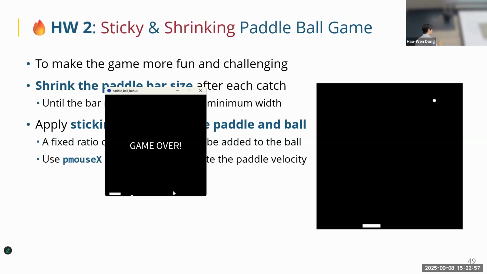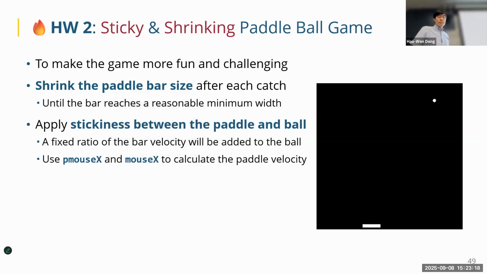This will give you the velocity of your mouse or your paddle. Then you apply part of this, say 10%, 20%, whatever, to the ball's x speed, so that you apply some stickiness to the ball. So that's what you will be doing in the second part of the question.